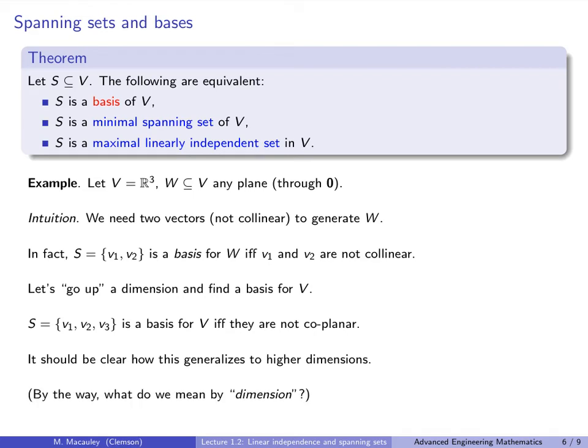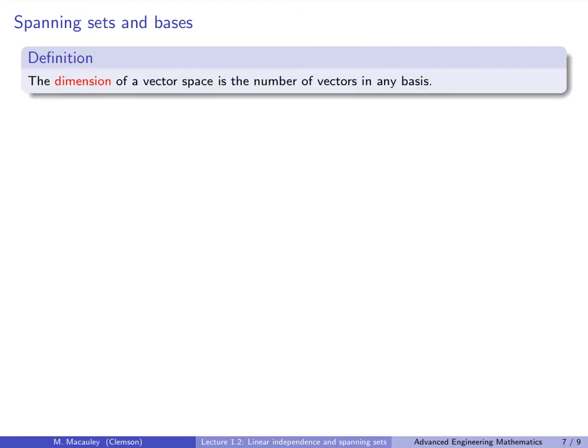By the way, I said dimensions. What do we really mean by the word dimension? We haven't defined that, but we do have an intuitive picture as to what that should mean. Here's a formal definition. The dimension of a vector space is the number of vectors in any basis.